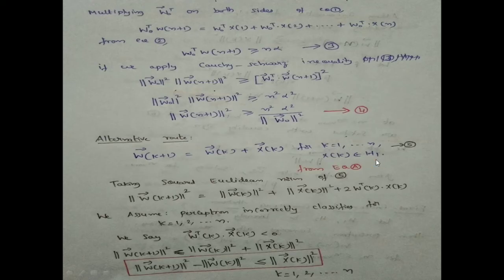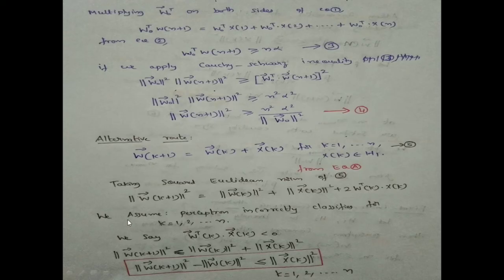Now taking the squared Euclidean norm of equation 5, we get the norm of W of k plus 1 squared equal to the norm of W of k squared plus the norm of x of k squared plus 2 times W transpose k into x of k.